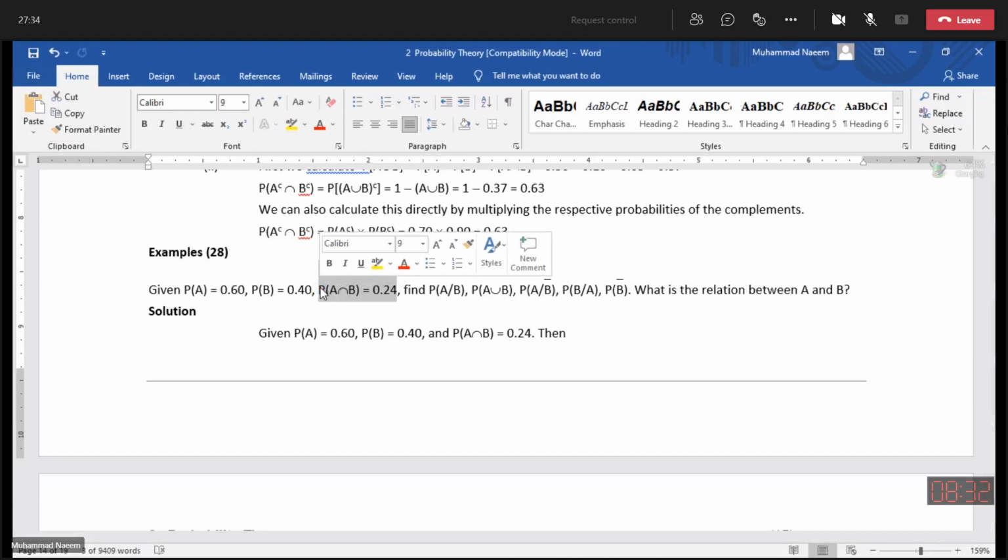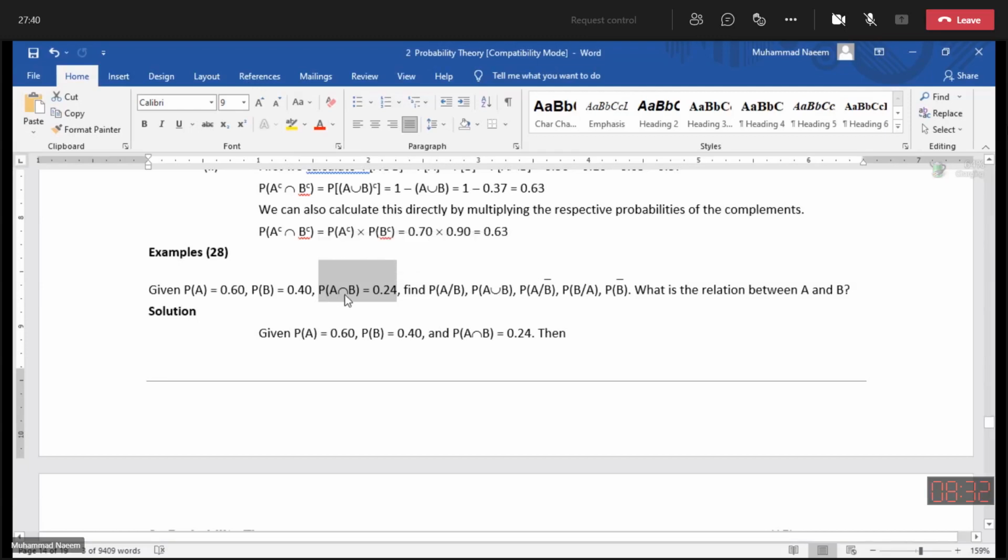So this is one of the relationships: as the probability of the intersection exists, therefore, the events are not mutually exclusive.